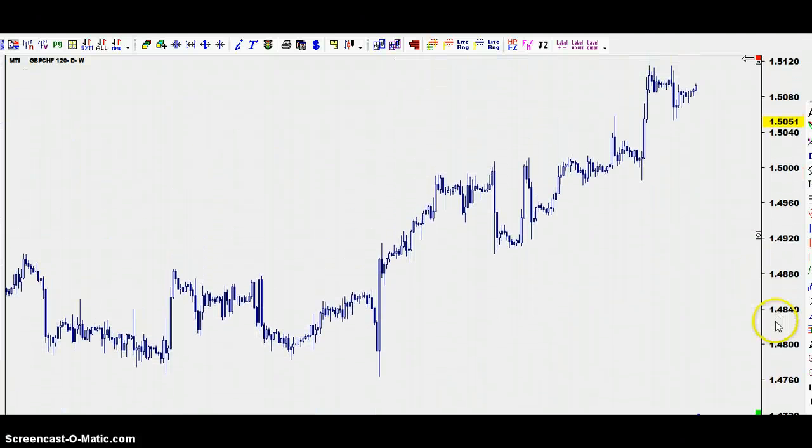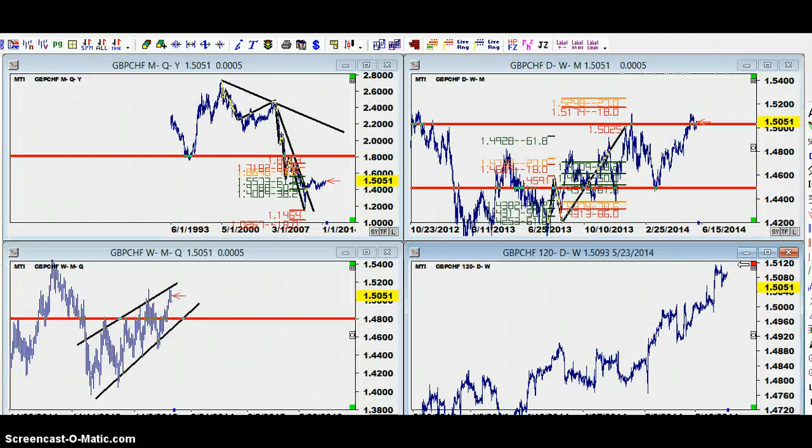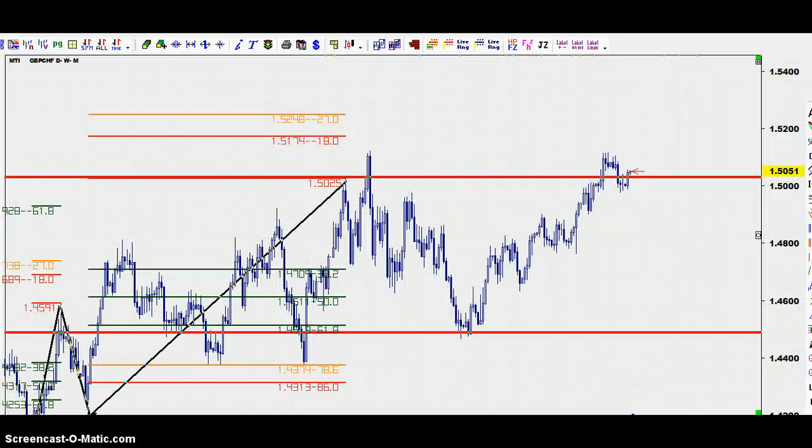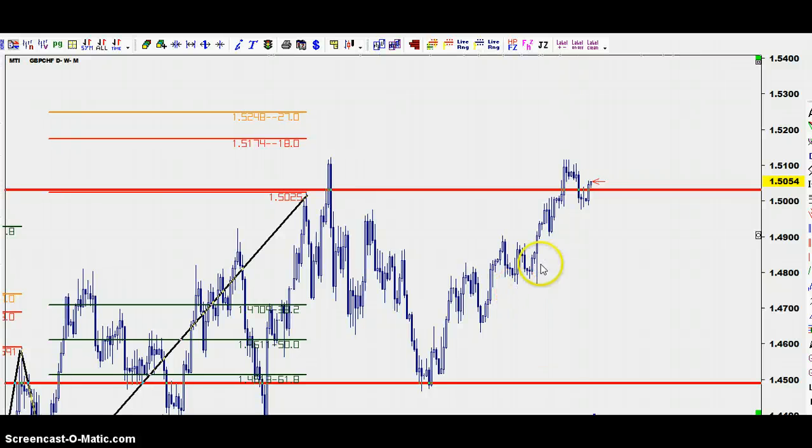Okay, so we know we're looking for a bearish move. We know it's at the upper band of this wedge. This whole set of candles is more than likely the test of that bearish candlestick formation.